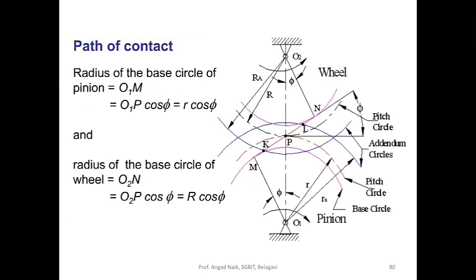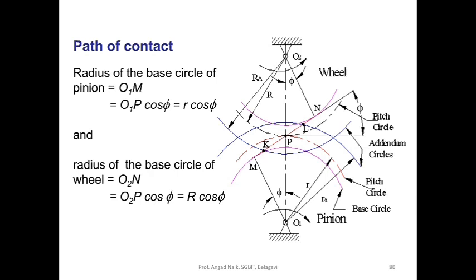So cos phi is equal to O1M divided by O1P. Therefore, O1M is equal to O1P into cos phi. The same is written in the equation. By geometry, one can find that O1P is small r.